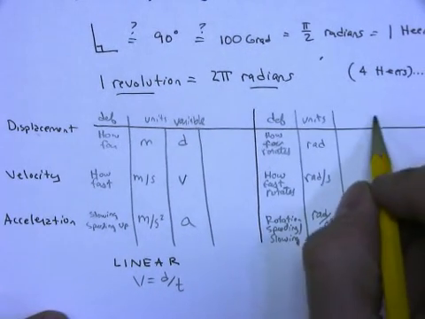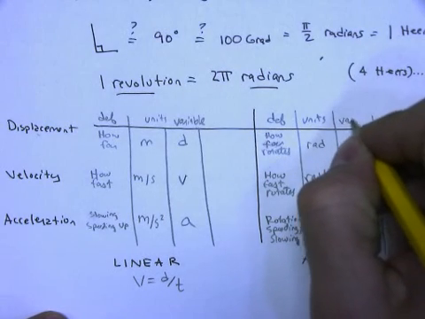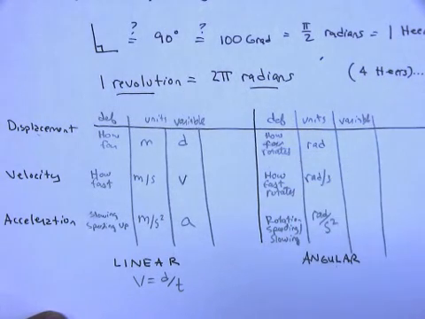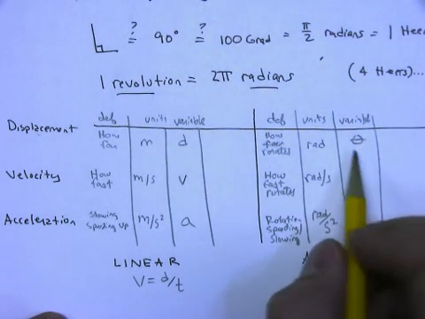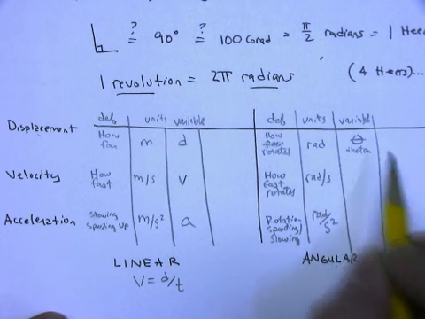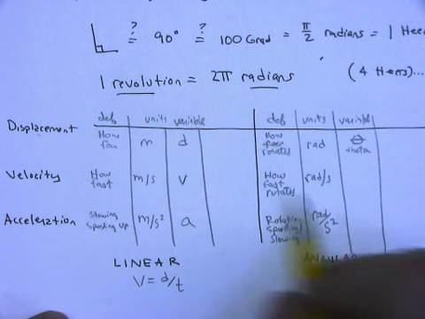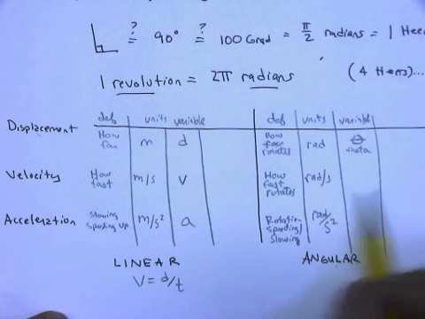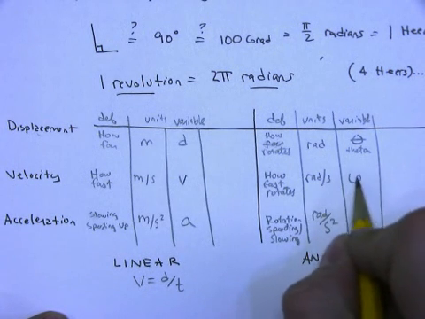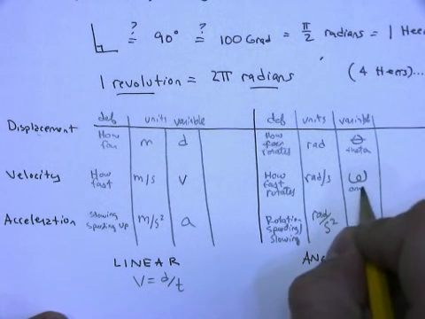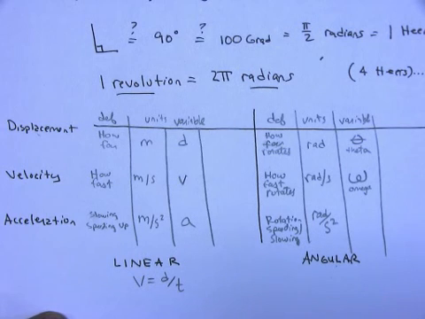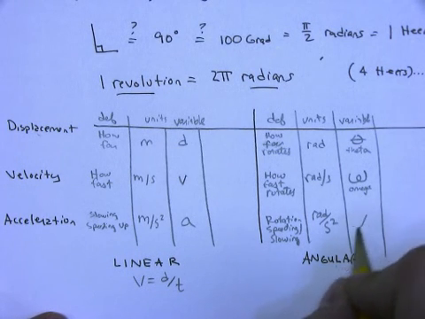Over in angular, we use the Greek letter theta. For angular velocity, how fast something is rotating, we use the Greek letter omega. And then for angular acceleration, we use the Greek letter alpha.